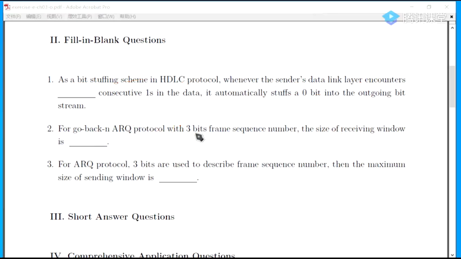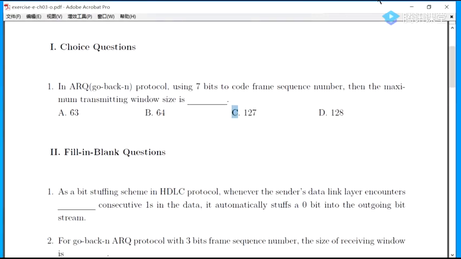Somebody asks, why not 7? The maximum transmitting window size, if the number of bits is n, is 2 to the power of n minus 1. This is the transmitting window size, right?